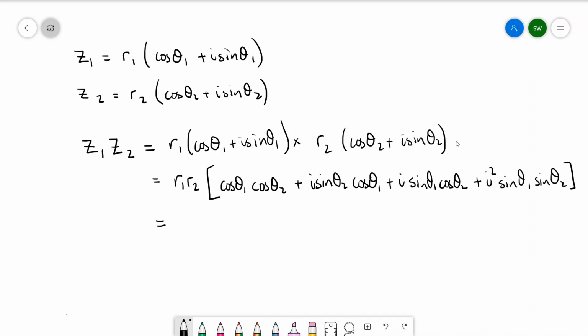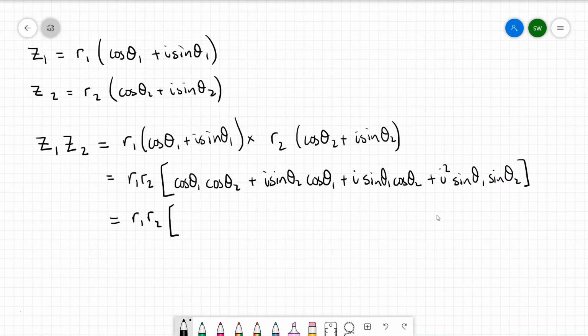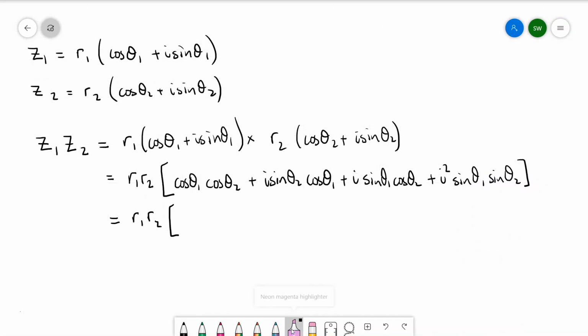Well, this formula is not looking very nice so far, so let's try and simplify what's inside that square bracket. I'm going to try and collect together the real parts inside this bracket and the imaginary parts. Well, this is real because it's not got an i in it. And also I know that i squared is equal to minus 1, so this term here is actually real as well. So we've got cos theta 1 cos theta 2, and then replacing i squared with minus 1, we're going to have minus sine theta 1 sine theta 2.